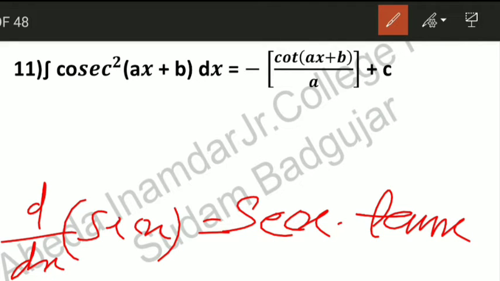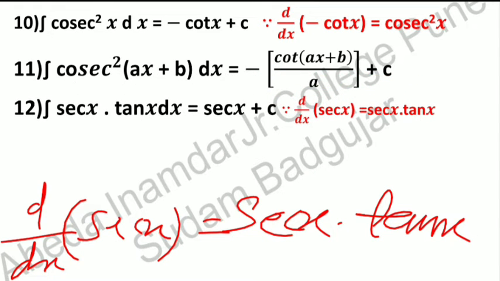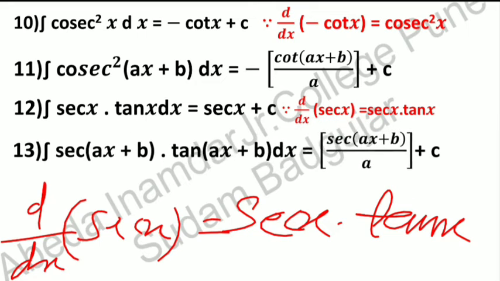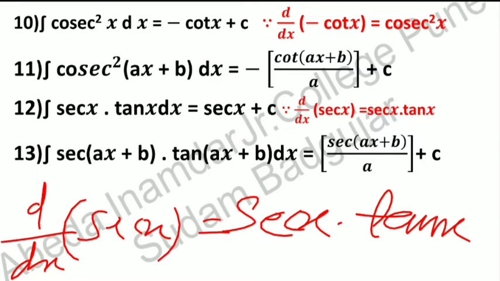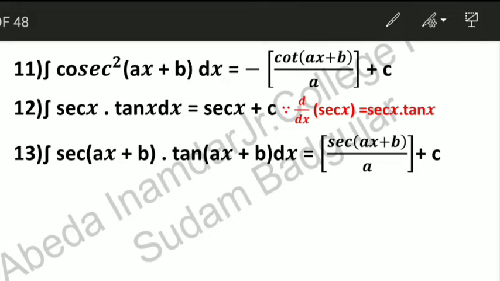So, the integration of sec x tan x is equal to sec x plus c. Again we generalize this: the integration of sec of ax plus b into tan of ax plus b is equal to sec of ax plus b divided by the coefficient of x.